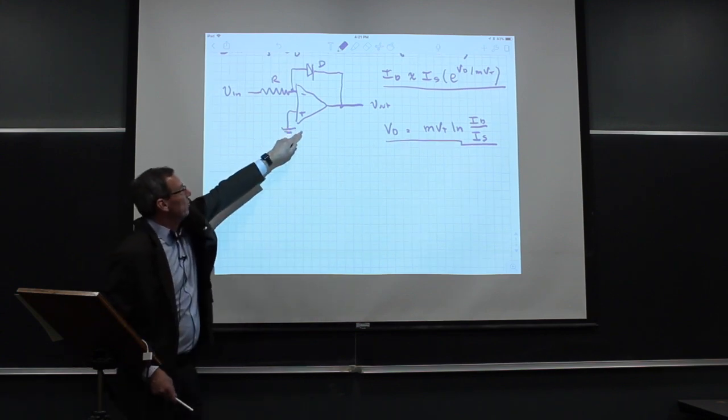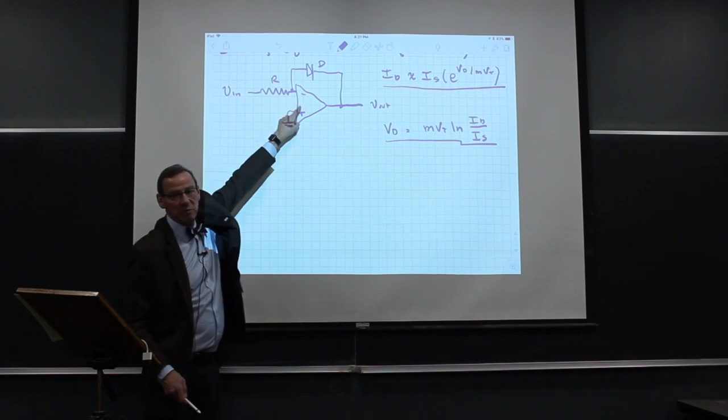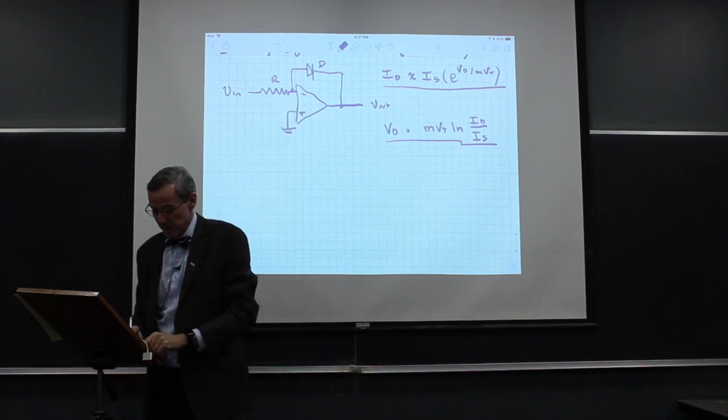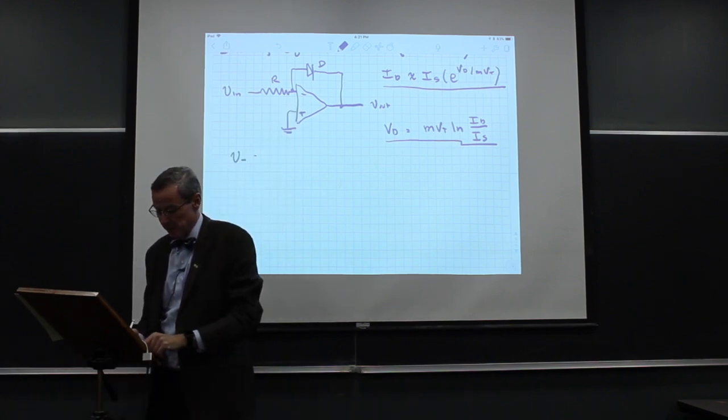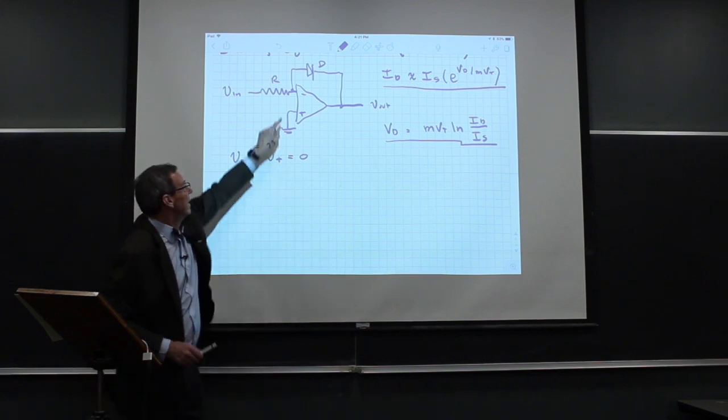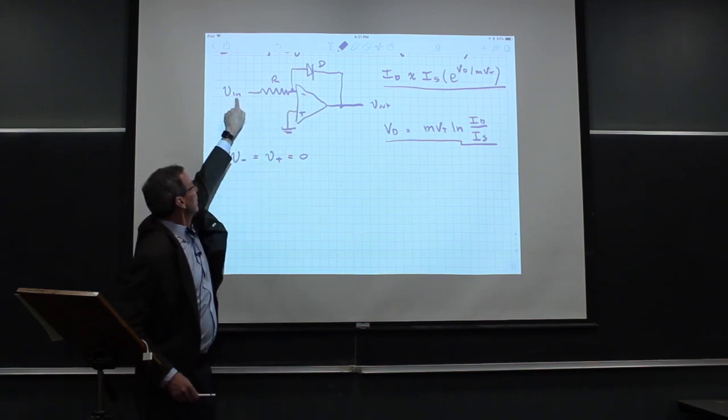There's definitely negative feedback. We're connecting the output to the inverting input. That means that V minus will be locked to V plus, and V plus is 0. So V minus will be at 0 volts. So we have a voltage drop here.